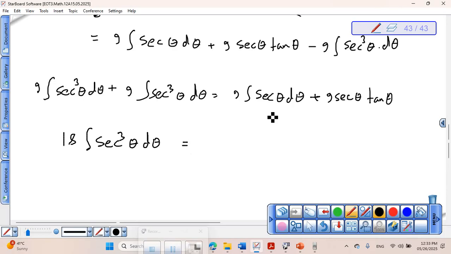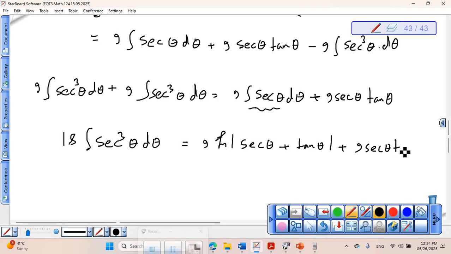What is the integration? I know this from before. This equals 9 ln of the absolute value of sec theta plus tan theta, plus 9 sec theta tan theta. Divide both sides by 18 to get the answer.